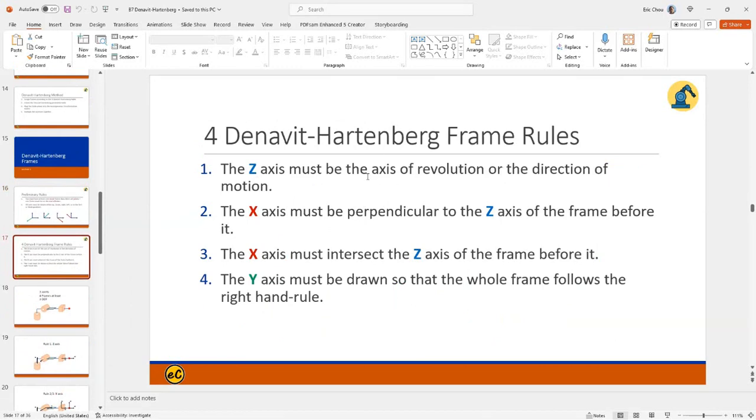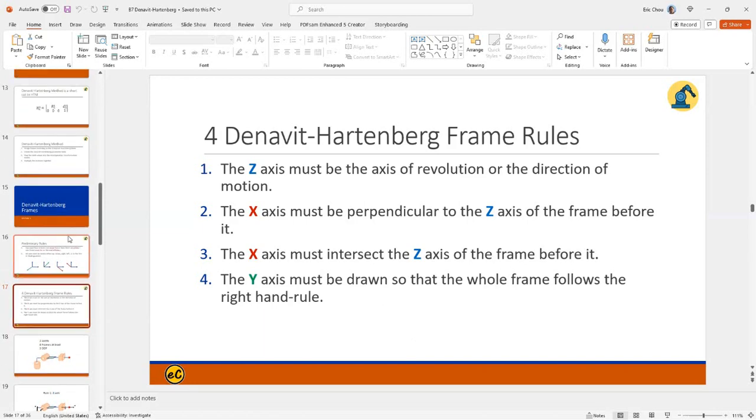So there are 4 rules for the Denavit-Hartenberg frame rule. Number 1, the z-axis must be the axis of the revolute joint or the direction of the motion. So you need to know about the z direction.